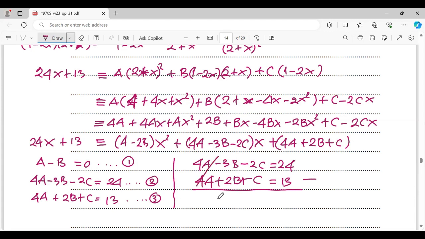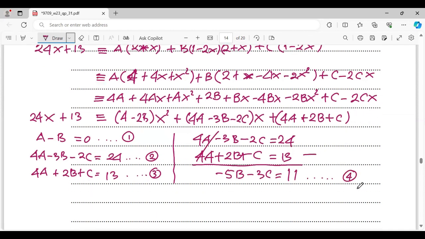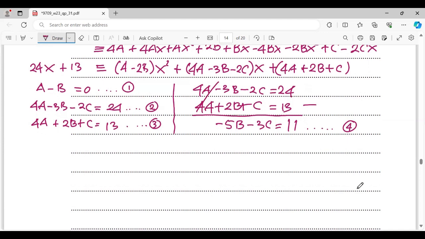Minus 5b minus 3c equals 11. The fourth equation.